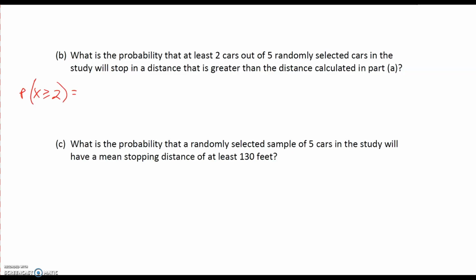In other words, we're finding the probability that x is greater than or equal to 2, so that's at least 2, and the thing we calculated in part A was the 70th percentile, so 0.7 is the probability of success. If you don't remember how to write the equation out for this, it's actually in your packet. That's a formula that's written out in your packet.